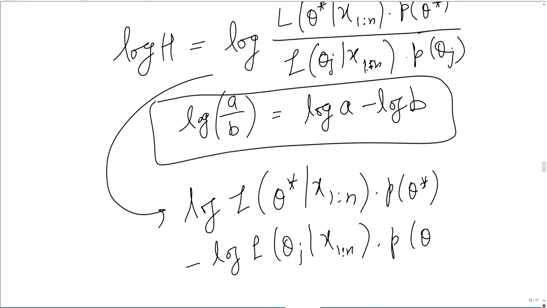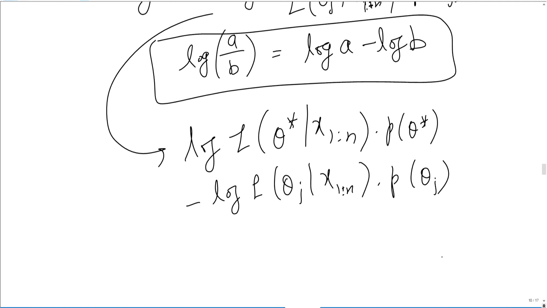Now, log of a times b is log a plus log b.